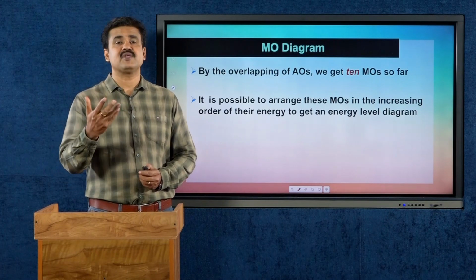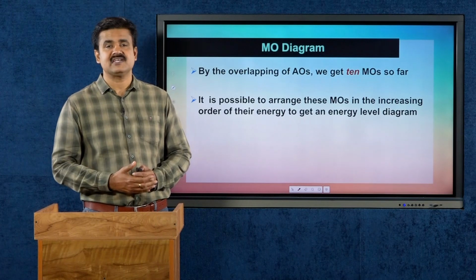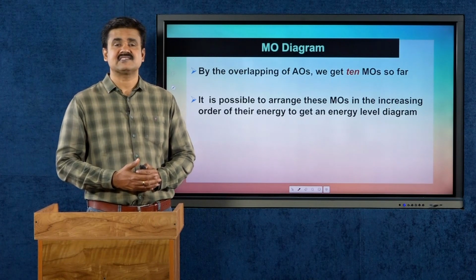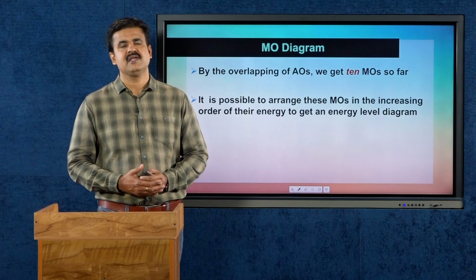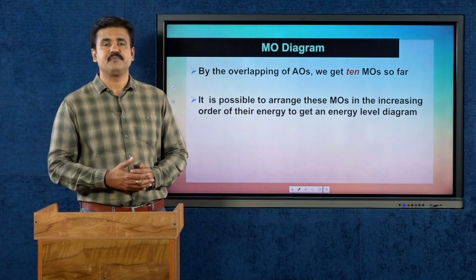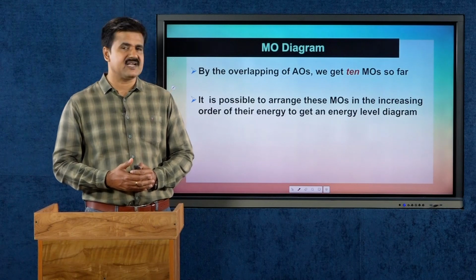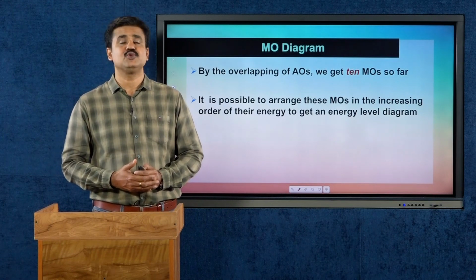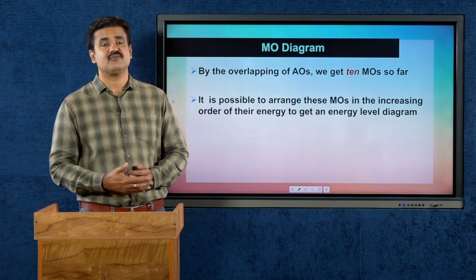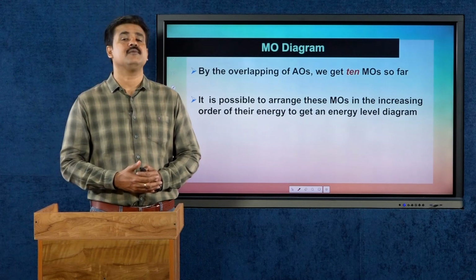By the overlapping of two 2pz orbitals, you will get sigma 2pz and sigma star 2pz. By the overlapping of two 2px orbitals, you will get pi 2px and pi star 2px. Similarly, the overlapping between two 2py orbitals leads to the formation of pi 2py and pi star 2py.